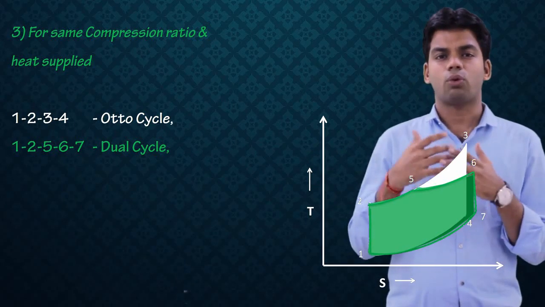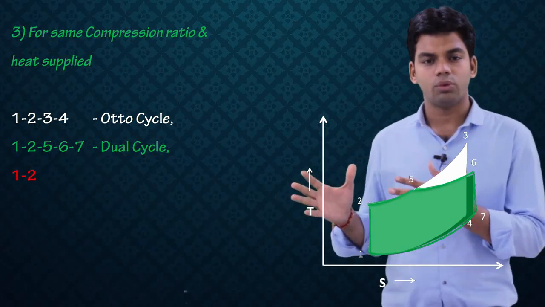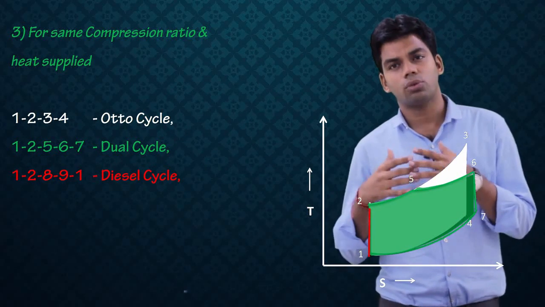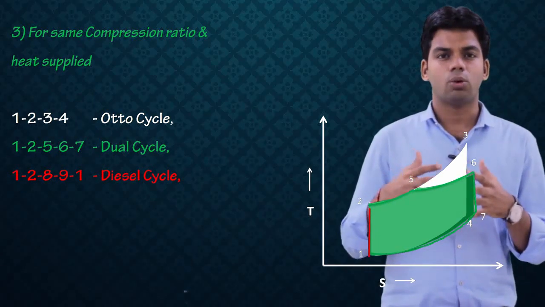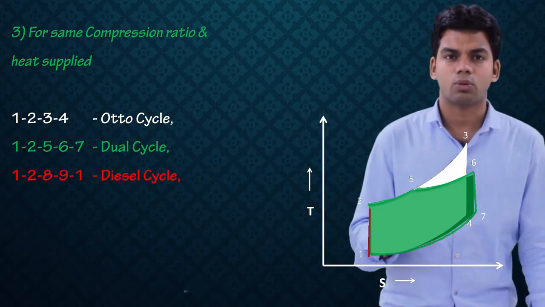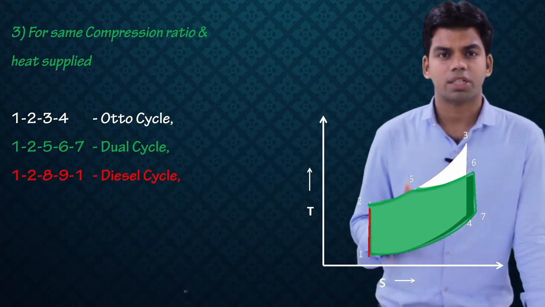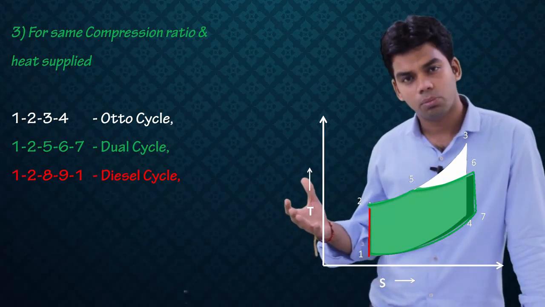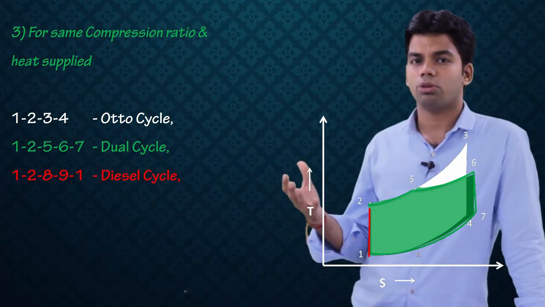Similarly, now if I go for diesel cycle, so in the green you can see the dual cycle. Now, similarly, if I want to draw the diesel cycle, in diesel cycle whole of the heat addition is at constant pressure and the slope of constant pressure is even less. Okay, so it has to be extended further more so as the area should be equal.